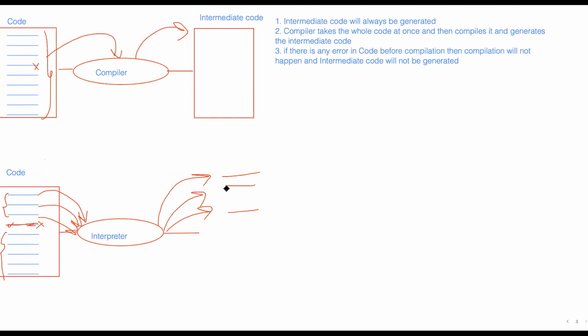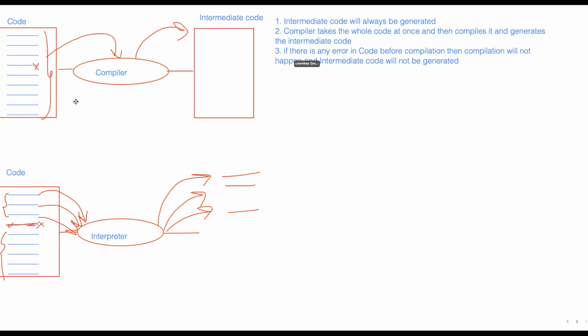Why I'm saying instruction, you will understand later, but write this somewhere. You can think of it as a line. It will take a single line of code and execute it, then take the 2nd line and execute it, then the 3rd line and execute it. So it will not generate the intermediate code, it will directly give you the output.